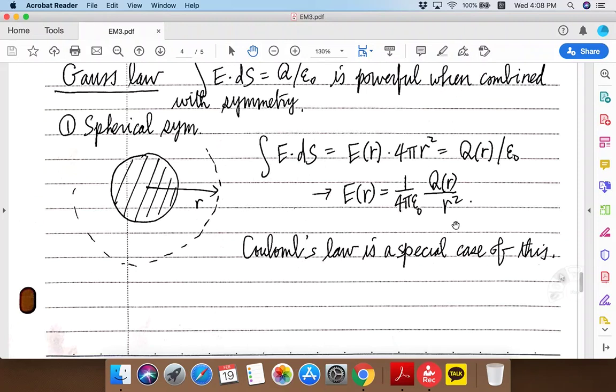So this looks quite a bit like Coulomb's law, but the difference is that as you move away from the center, as you vary r, there's a possibility that this charge also varies, because as you move out, you get to enclose more and more charge inside the sphere.